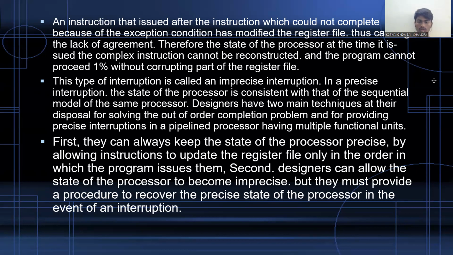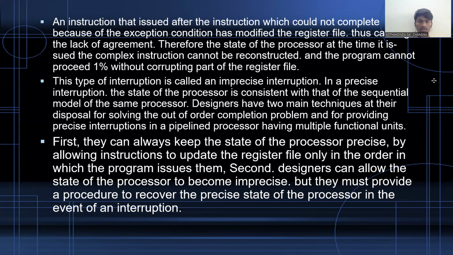Therefore, the state of the processor at the time the complex instruction was issued cannot be reconstructed, and the program cannot proceed without corrupting part of the register file. This type of interruption is imprecise.